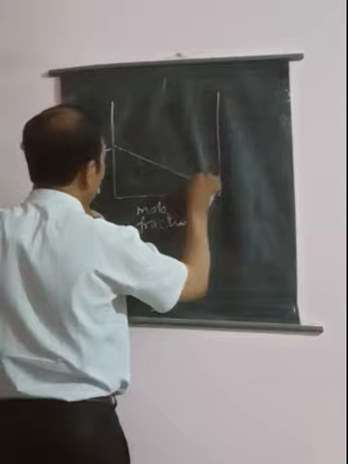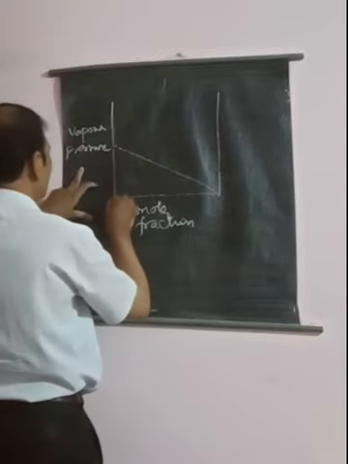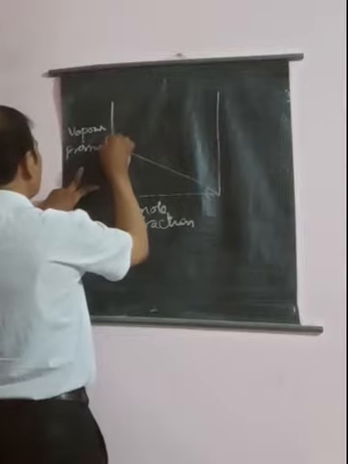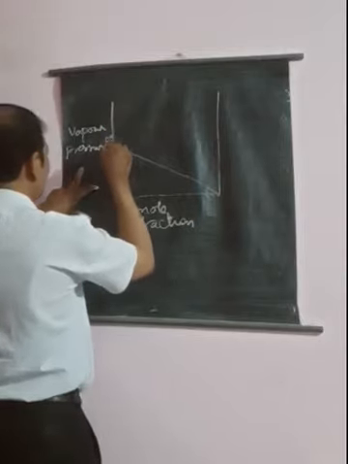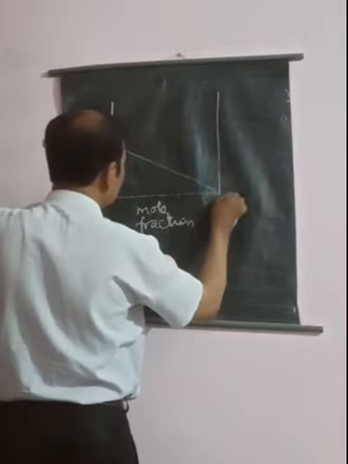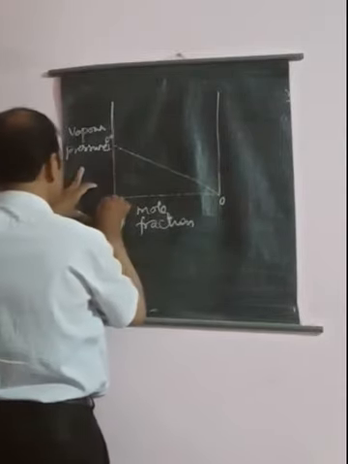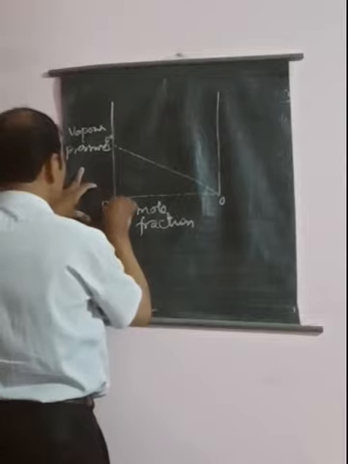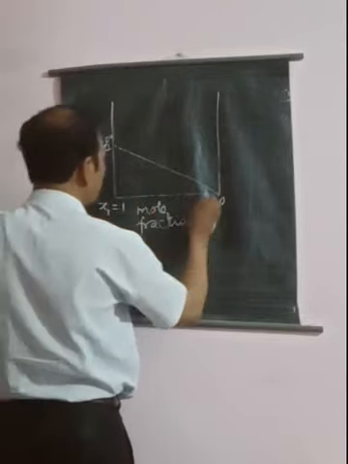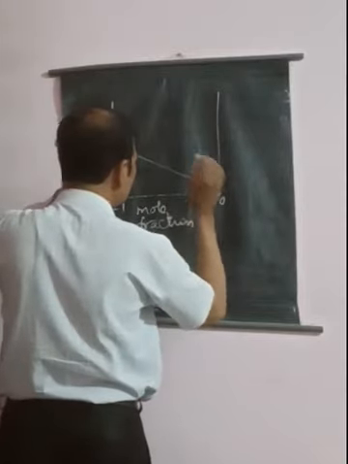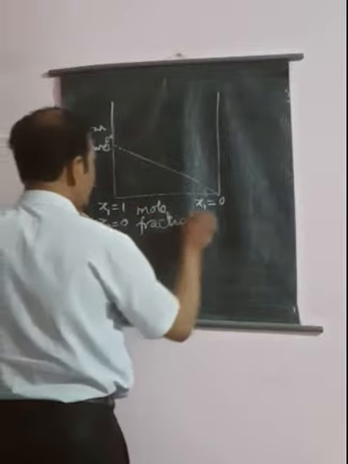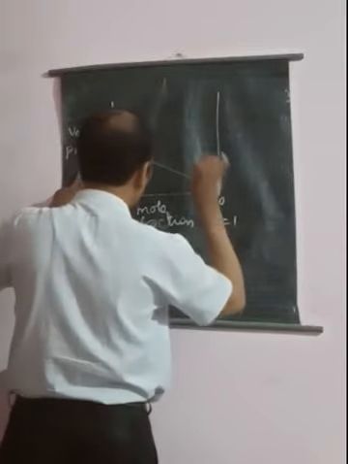This is the graph for component 1. Its vapor pressure is P1 naught here, where x1 is equal to 1, and here x1 is equal to 0. Similarly, here x2 will be equal to 0, and x1 will be equal to 1.